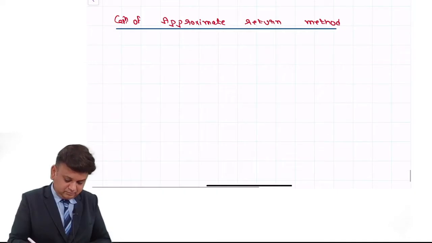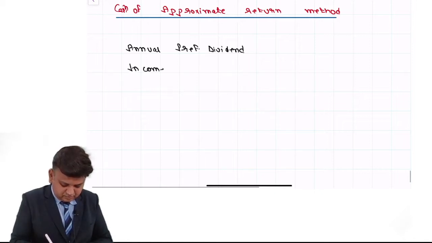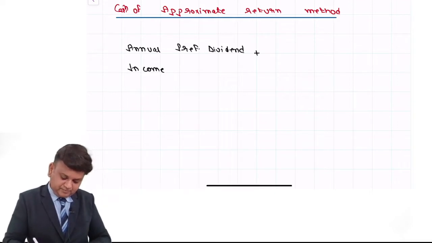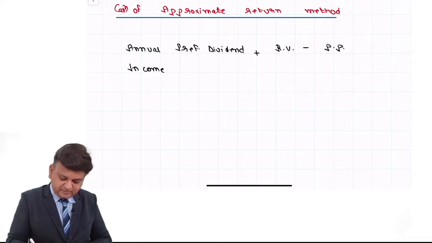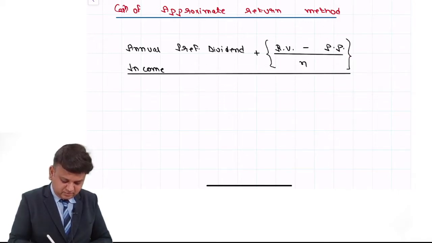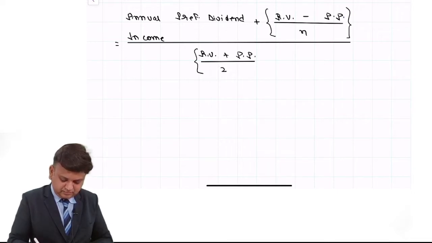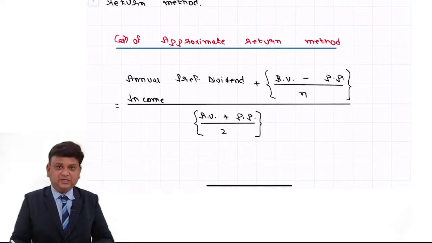In that write down: annual preference dividend income plus redemption value minus purchase price divided by n number of years, whole divided by redemption value plus purchase price divided by 2. That is the way approximate return can be found.